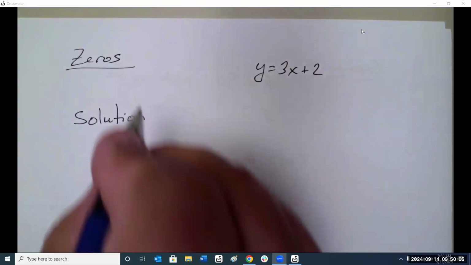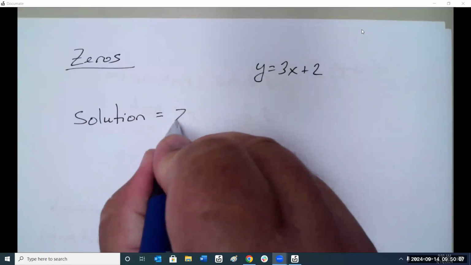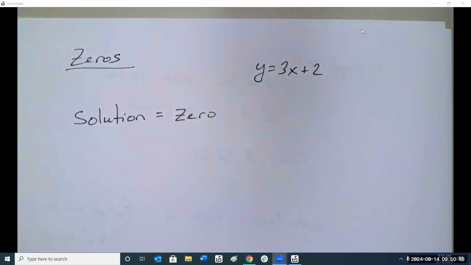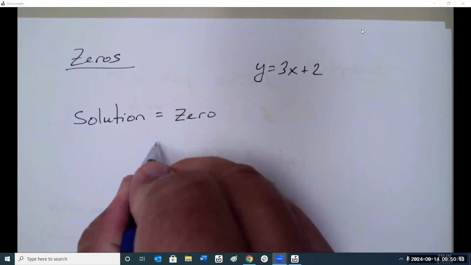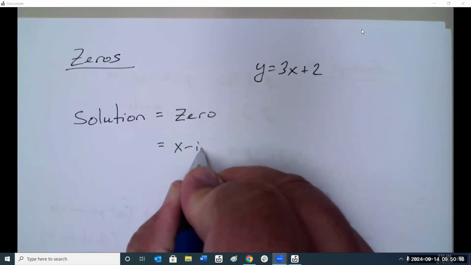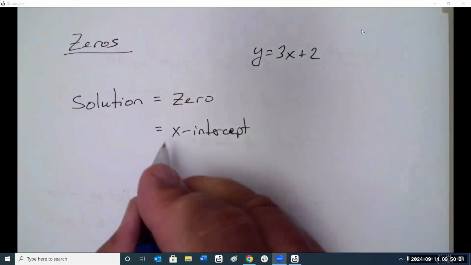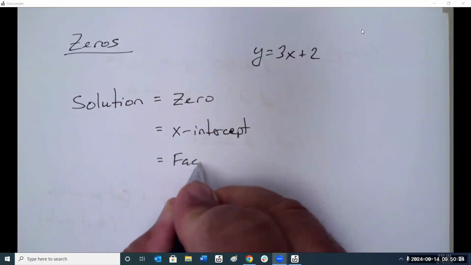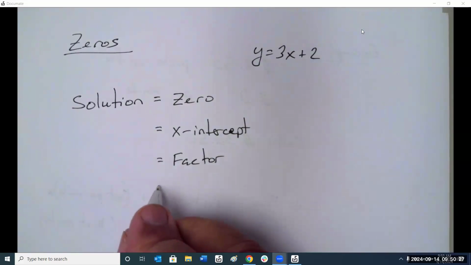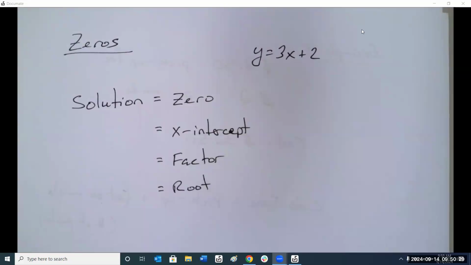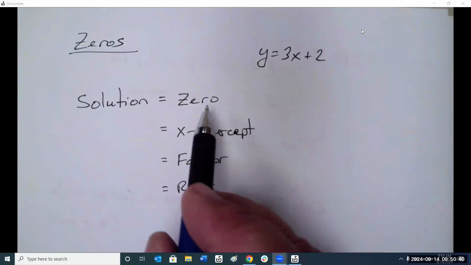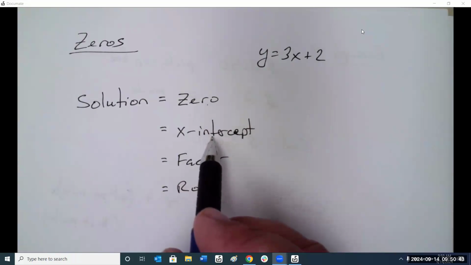Another name for solution is a zero or an x-intercept. Or a factor. Or a root. Those are all the same thing. They'll be used interchangeably in math. So if I'm asking you to find a zero, I'm actually asking you to find the x-intercept.